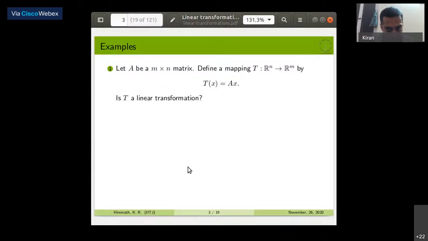Am I right? Yes, sir. So far this is a very straightforward thing. Corresponding to this, we have to spice up this statement. How do we verify that T is a linear transformation?